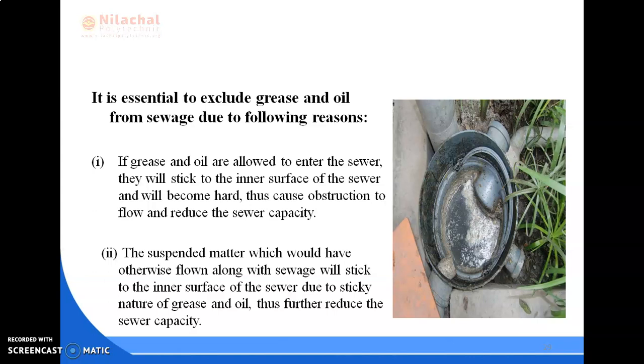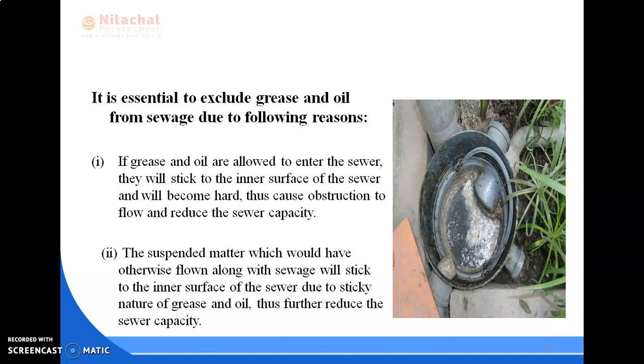So here it is essential to exclude grease and oil from sewage due to the following reasons. First, if grease and oil are allowed to enter the sewer, they will stick to the inner surface of the sewer and become hard, thus causing obstruction to flow and reducing the sewer capacity, which I had already told.